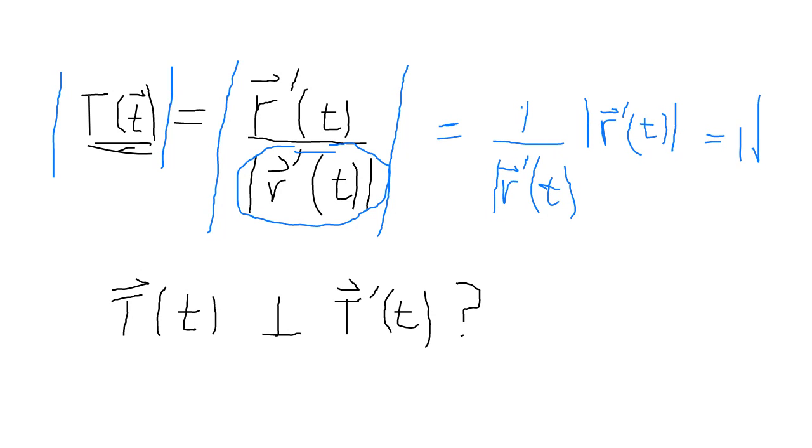The length is equal to 1, and 1 is a constant. It's not dependent on t. So when we have a vector function that has constant length, then we learned that the vector function would be perpendicular to its derivative. So this is another nice quality that's going to be very handy for us in regards to this tangent vector T.